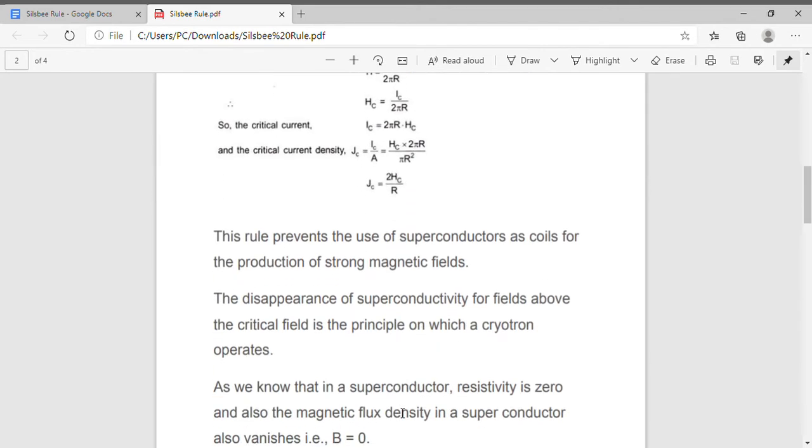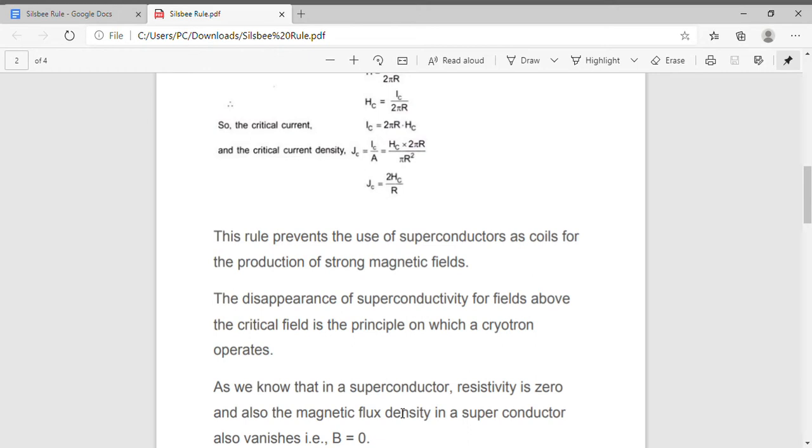Now, this phenomenon of critical current, that there is a disappearance of superconductivity above critical current, or we can say above critical field, is the principle on which the cryotron operates.